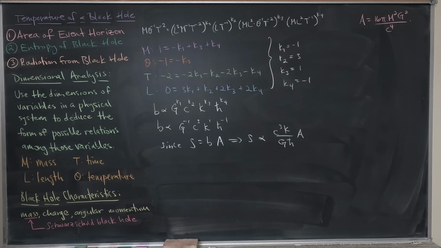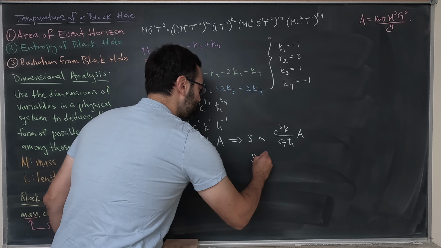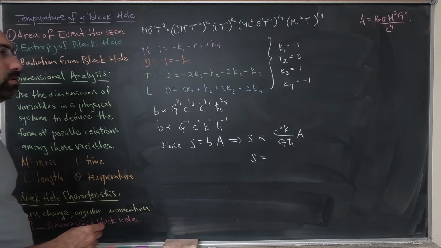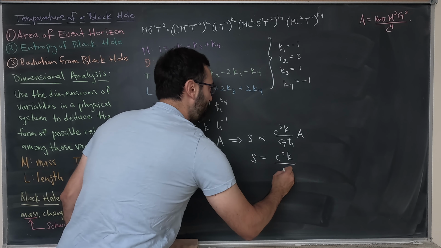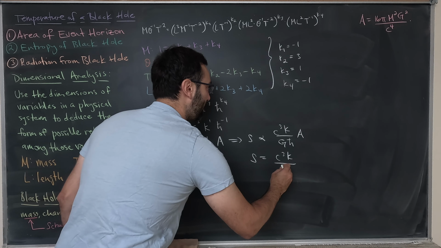But it turns out again, if you do a really rigorous and sophisticated analysis, that S equals c cubed K divided by 4G H bar times area. So there's an extra factor of 1/4 here.